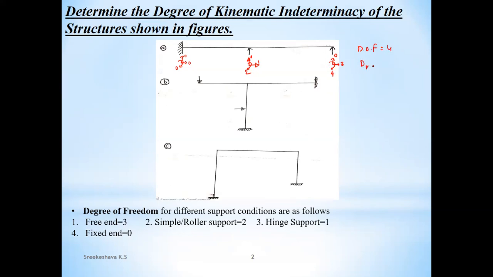What is your equation? 3j minus R. Apply 3j minus r: 3 into 3 minus 5. So how much are you getting? 4. See, clear? If you are looking only at the given support, then we term it as degree of freedom.